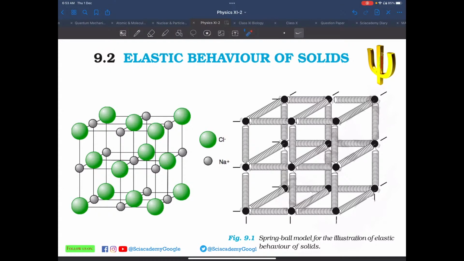Only then can you realize the restoring capacity of the solids after removing the external forces. And if you want to visualize how the interatomic forces act, the spring ball model is the best example for your visualization.